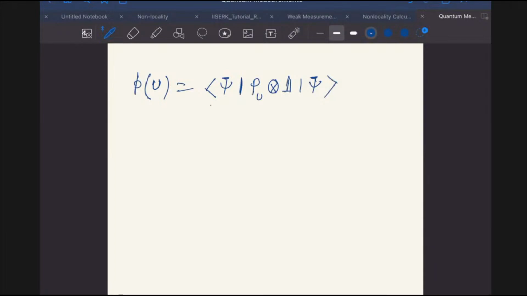Because this psi contains 2 degrees of freedom, so it is a 4-dimensional system, you can say. So this is also a 4-dimensional system, and this one is a 2-dimensional projector. So I should associate some identity, right? Is this clear?